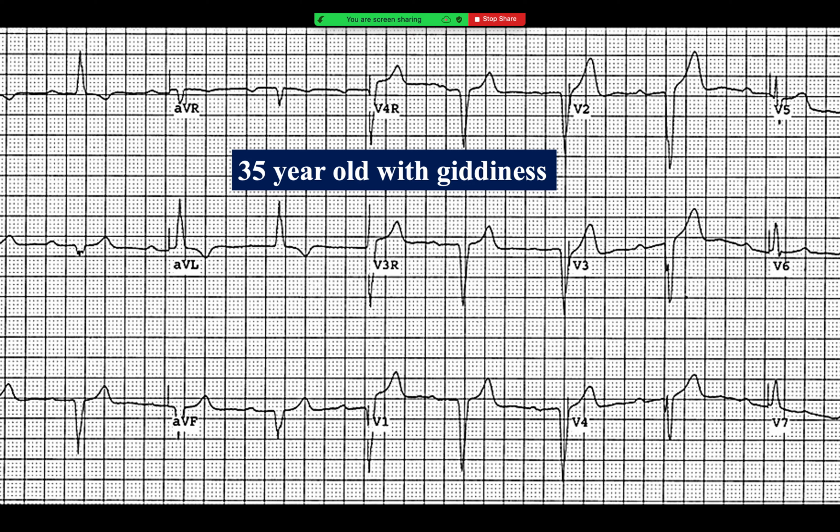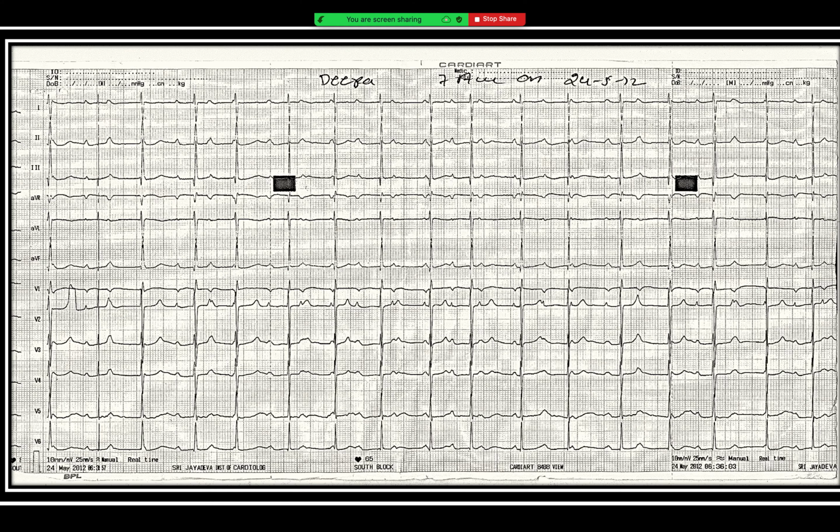The PR interval definitely seems slightly on the higher side. In V1 to V6 there are Q waves as well, but not in V5 and V6. And the T waves are very prominent. So what is the diagnosis which I had said earlier itself? CCTGA.